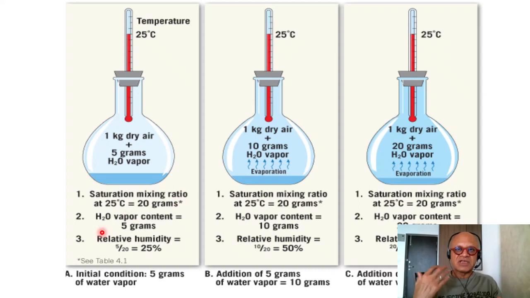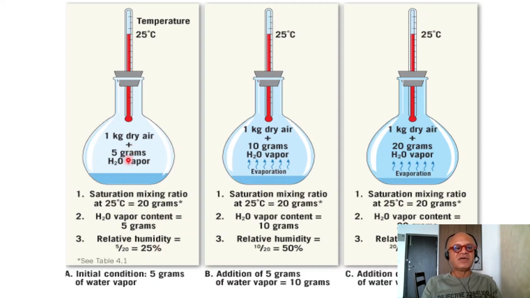Typically it's 1 sea level pressure, 14.5 pounds per square inch or 1000 hectopascal, depends on how you say it. H2O water vapor content is at 5 grams.